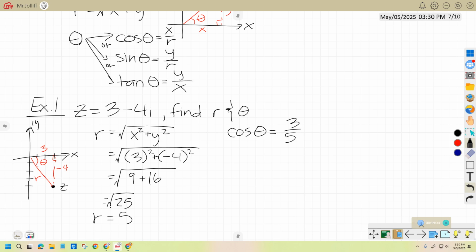We okay with that? I don't see any argument. I'm going to assume I did that correctly. And in order to get theta, I have to do cos inverse. If you could do me a favor and make sure that your calculator is in degree mode. Degrees, I think, will be more helpful here. And give me an answer. What is cos inverse of 3 over 5?